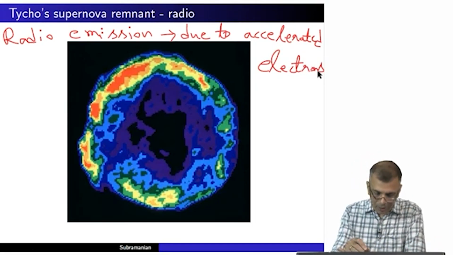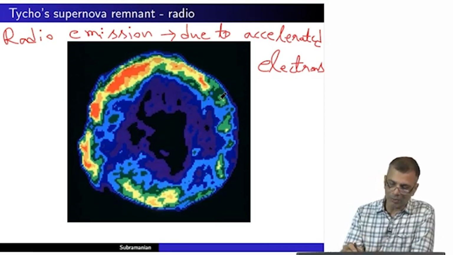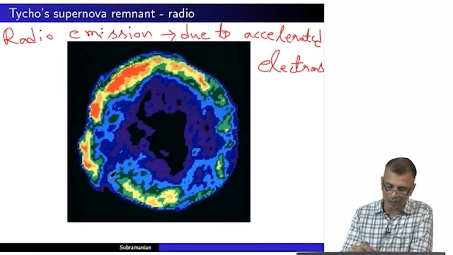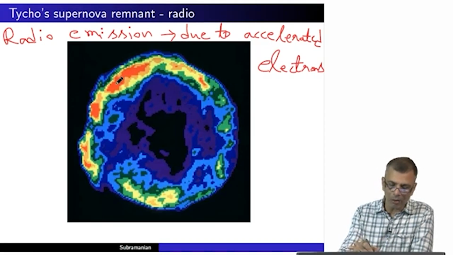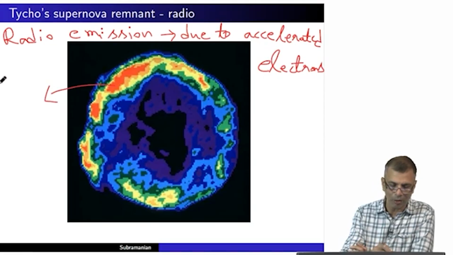And we can clearly see from this image that the radio emission is highly concentrated at the rim.